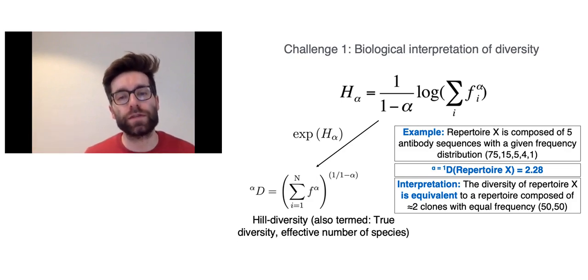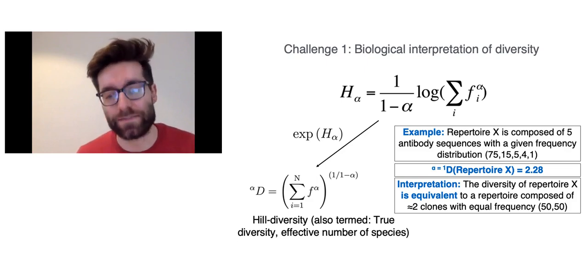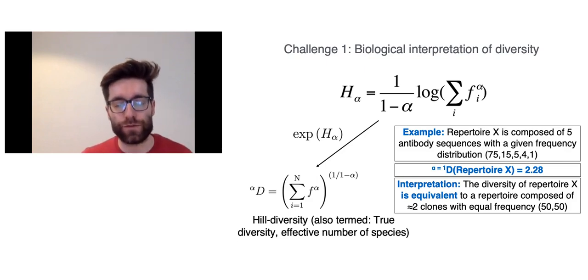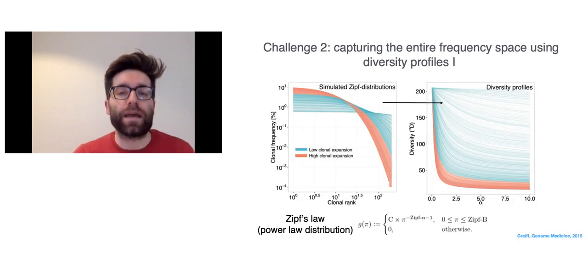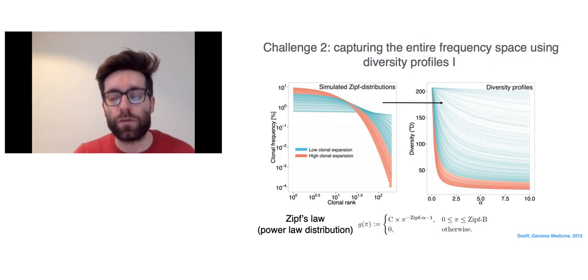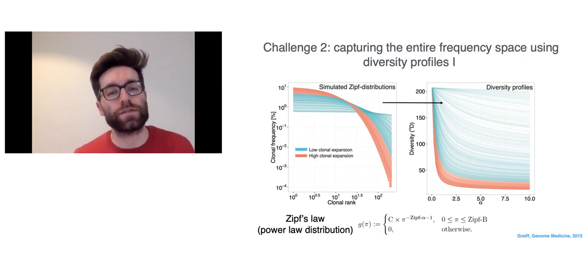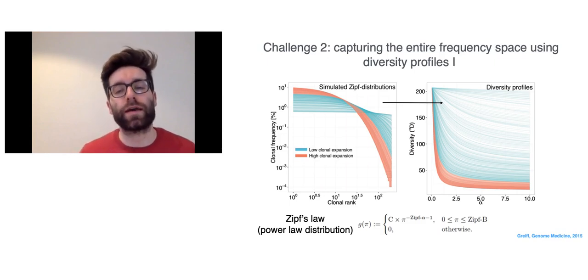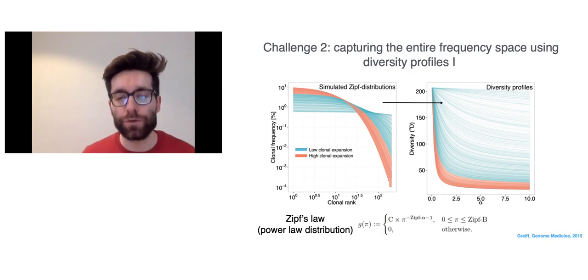So those diversity indices create equivalence classes, which is for the nerds among you, I guess. Yeah, and here we show in this Genome Medicine paper that clonal frequency distributions, here simulated as CIF distributions, can be recapitulated by diversity profiles, which is very nice.